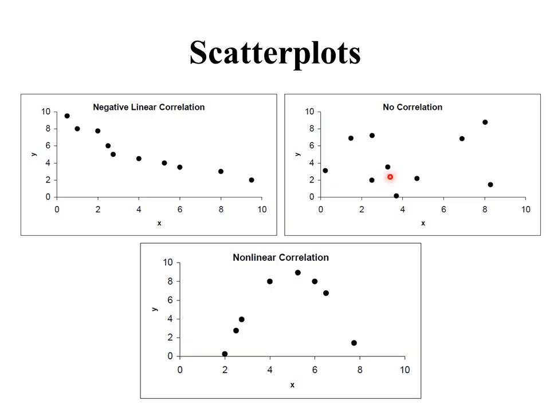And look at the pattern here of those dots. There just really isn't a pattern. Not a straight line pattern, not a nonlinear pattern, just no pattern at all. So these variables, we would say they have no correlation. So to determine if there is a relationship between variables, we can start off with a simple scatter plot like this.